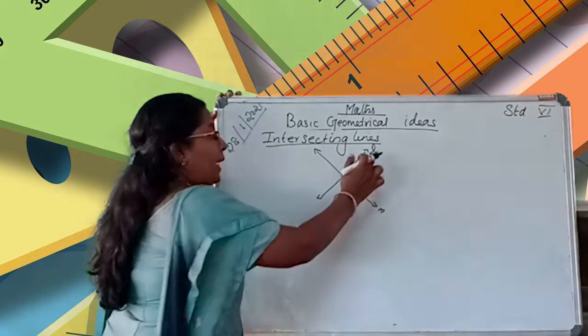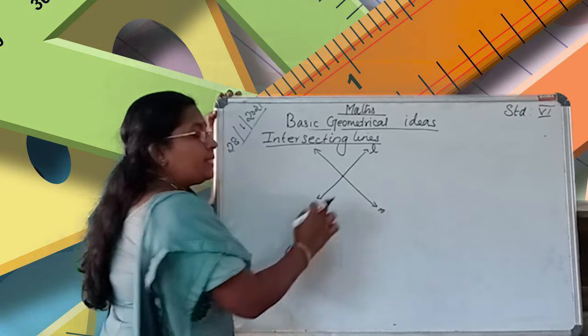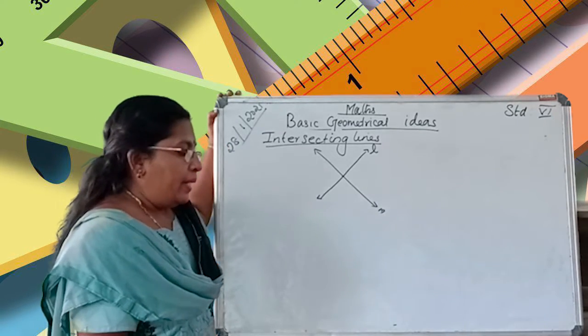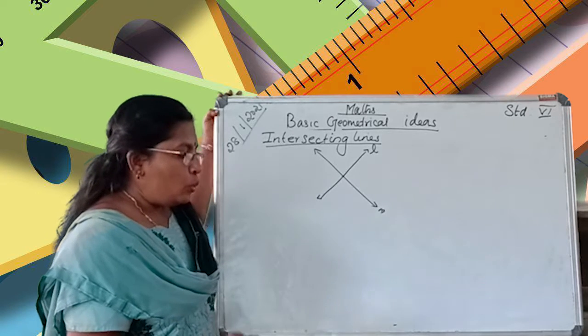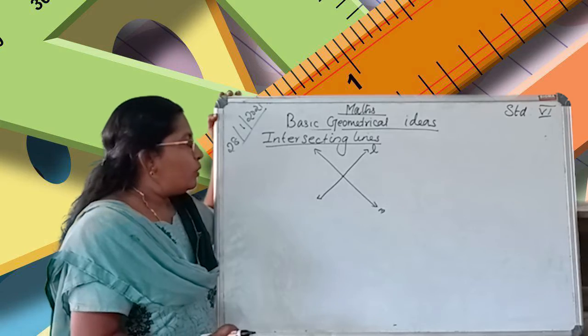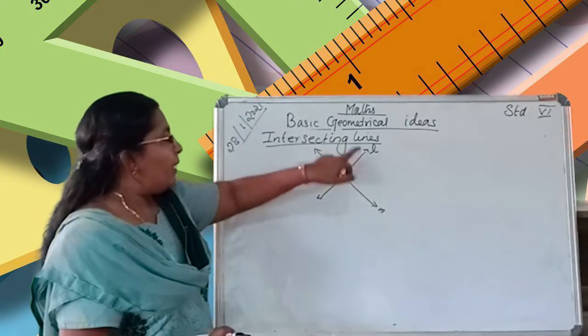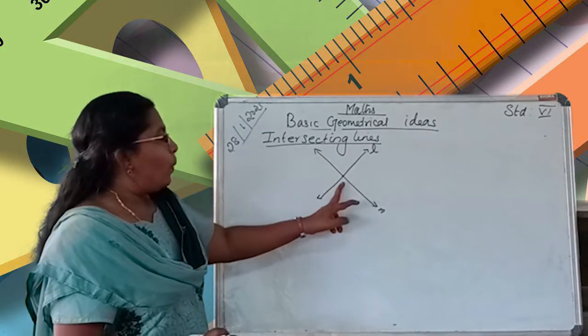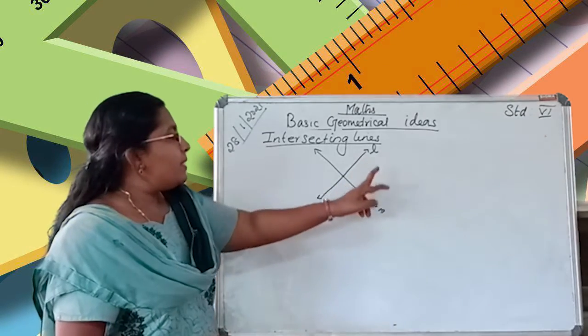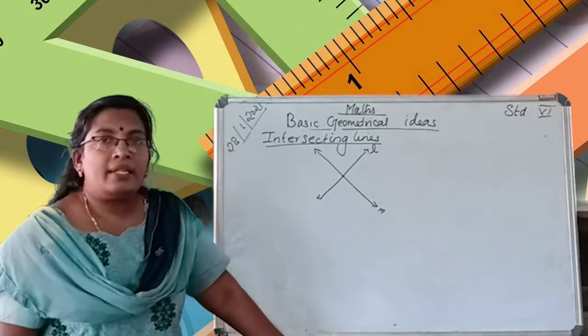So L intersects M. That means two distinct lines meeting at a point. These lines are called intersecting lines.